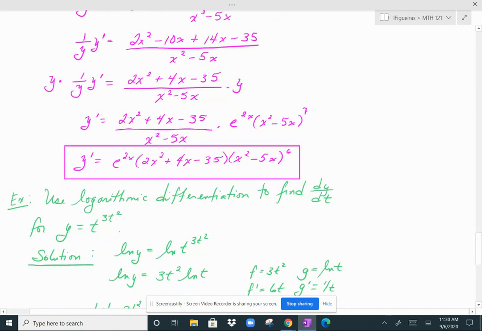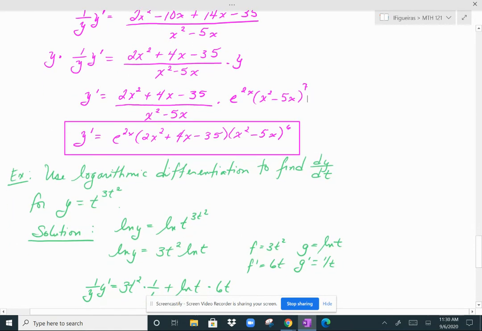Here's another one that works well with logarithmic differentiation. When you want to take the derivative of an exponential function where your exponent has a variable in it, logarithmic differentiation will allow you to find the derivative easily.